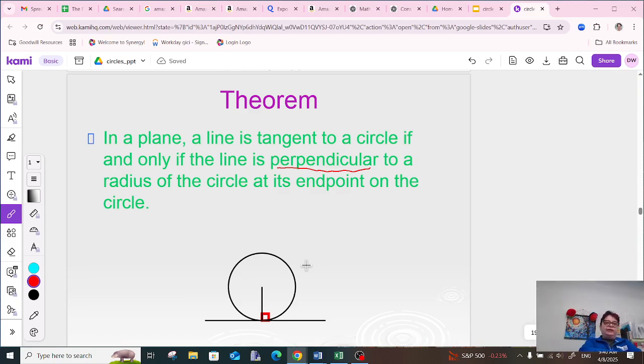So when we're talking about tangency, if I have a radius drawn to the point of tangency, it makes a right angle, because the definition of perpendicular is that it makes a right angle. Questions?